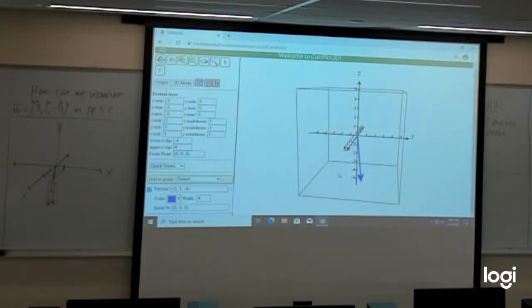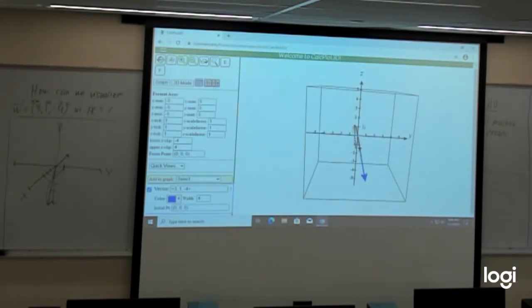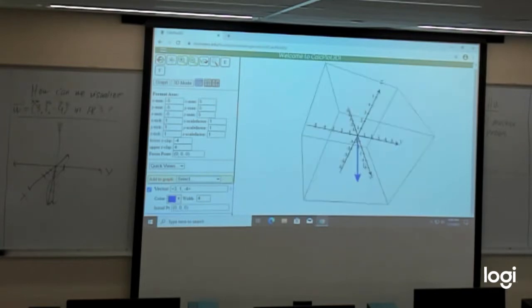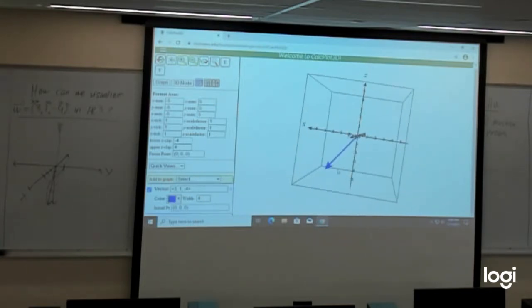In the y direction, maybe positive 1. In the z direction, it looks like it's pointing down to about negative 4. So if you have this 3-dimensional thing that you can rotate, it becomes a lot easier to see where your arrow actually points.